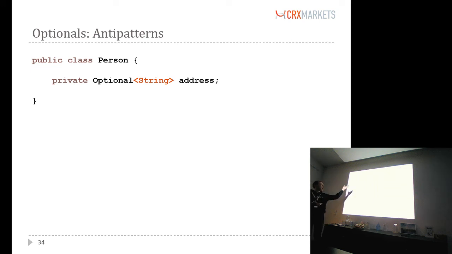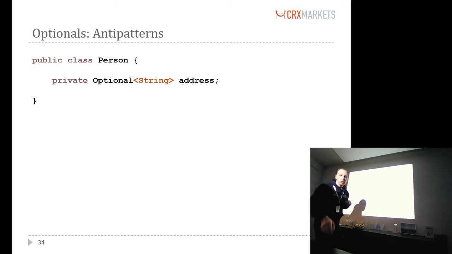Usually, if this is your domain class, you persist it to a database, or probably save it to the user session, and then it could be passivated or serialized, and you would get an error. So this class is not serializable because Optional was not intended to be used that way.